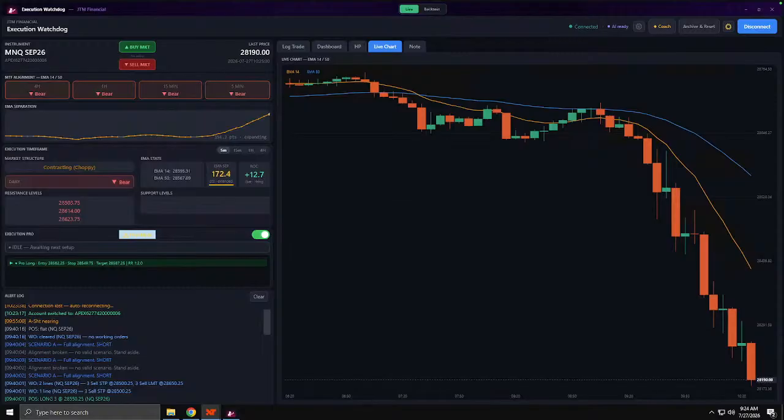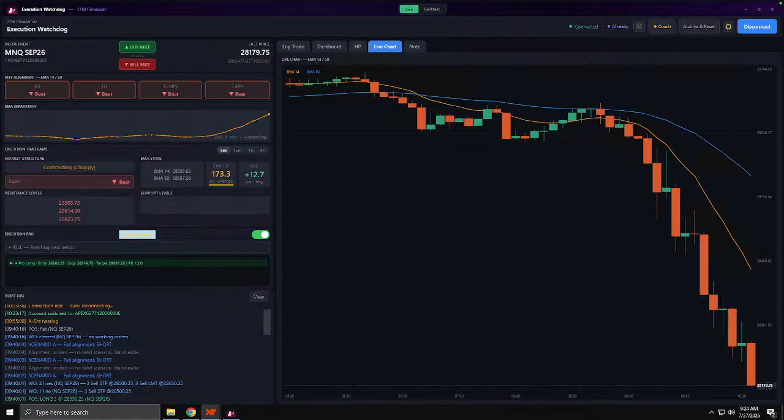So we've completely taken out the previous session low. It's been taken out, so there's definitely more room to the downside. Finding this level.